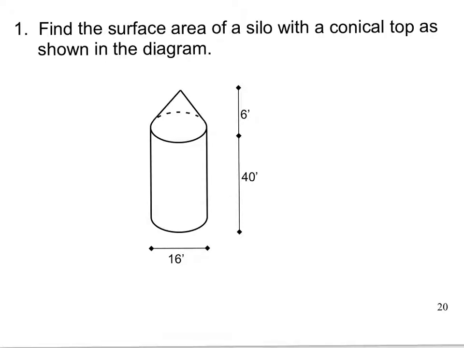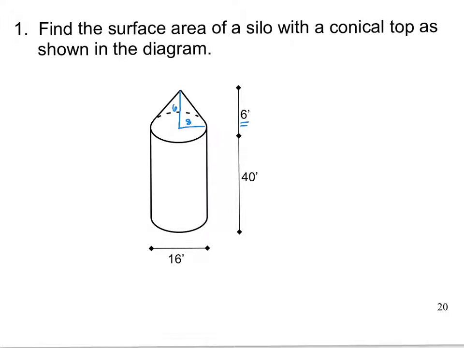This problem is a little more of a challenge because it says find the surface area of the silo with a conical top as shown in the diagram. So what we're looking at here is, first of all, I've got a circular cone. If the diameter is 16, that means the radius here is 8. I know that the height is 6 because of this number.